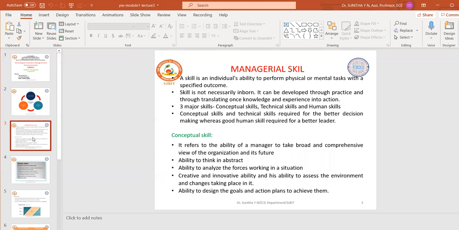Complete environmental assessment, he should be able to do it. And the ability to design goals and action plans to achieve them. So he should be very focused on the organizational goals, how to achieve them, how to plan for it, how to write the strategies, and how to write the policies and procedures to achieve them. That is what we call a conceptual skill one should have.